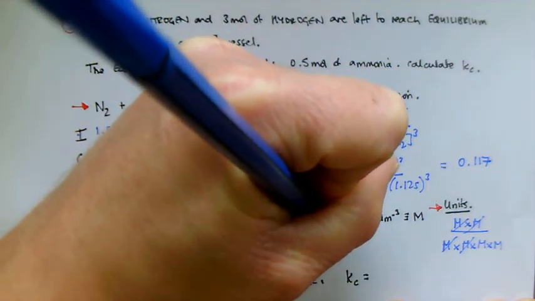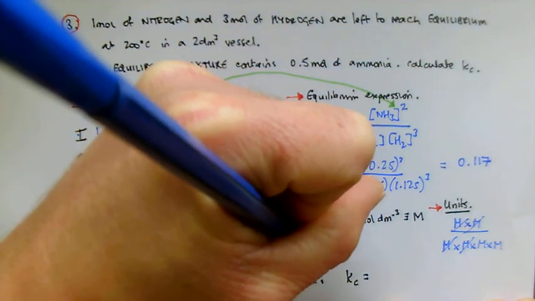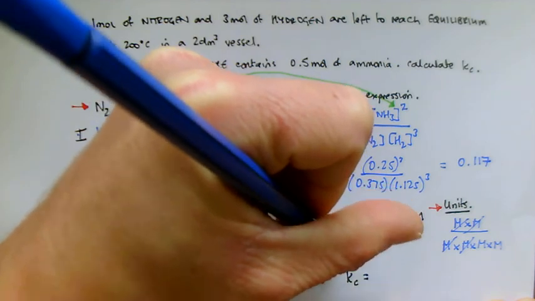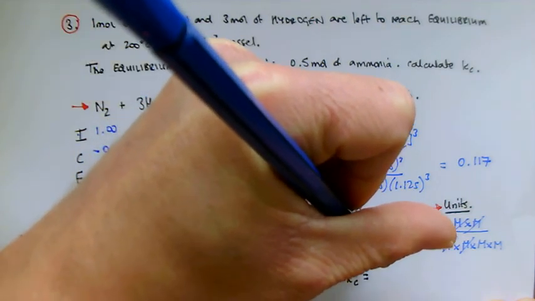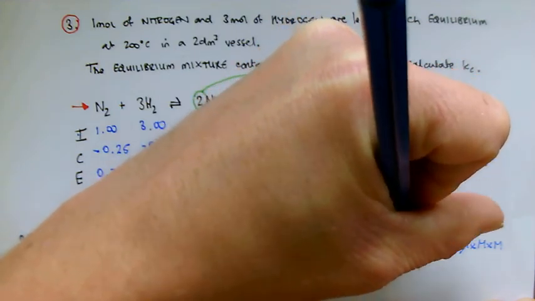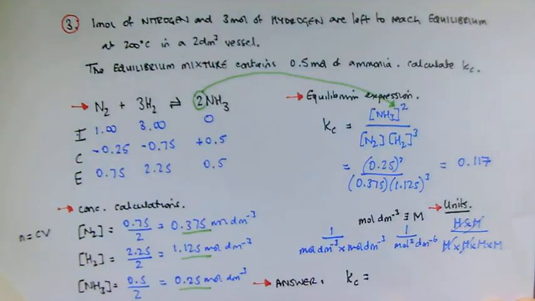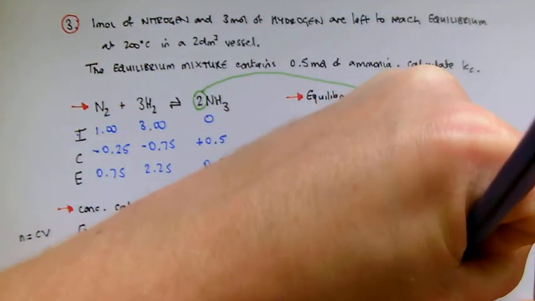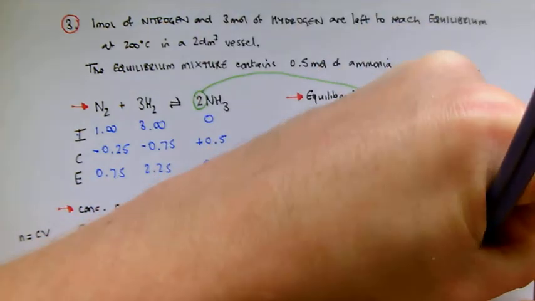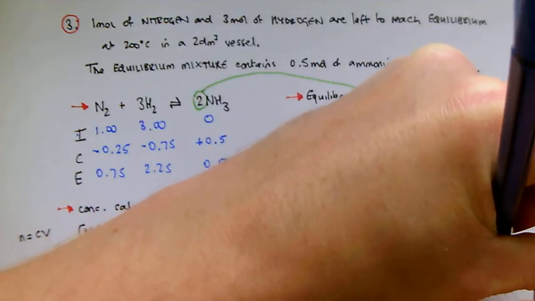So we've got 1 over mole per dm minus 3 times mole per dm minus 3, which is 1 over mole squared dm to the minus 6, which is actually mole, if it's 1 over, it's mole to the minus 2 dm to the 6.